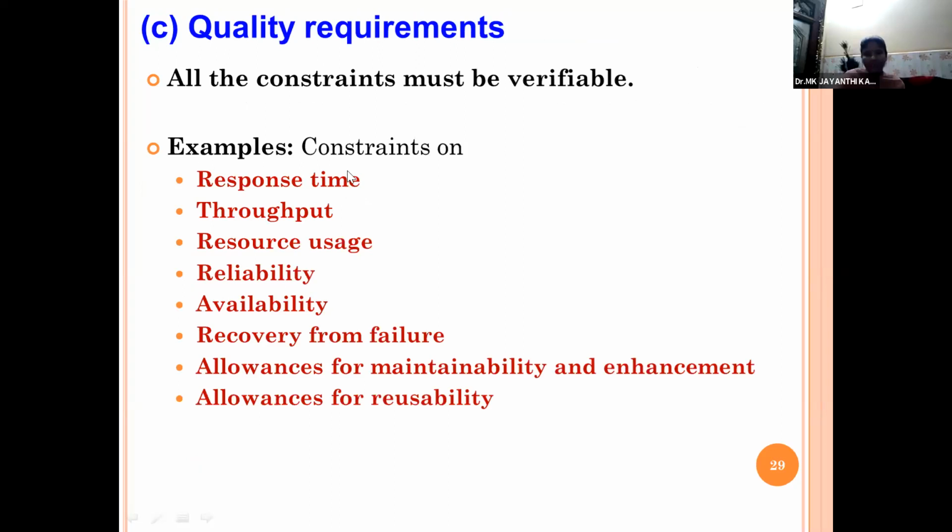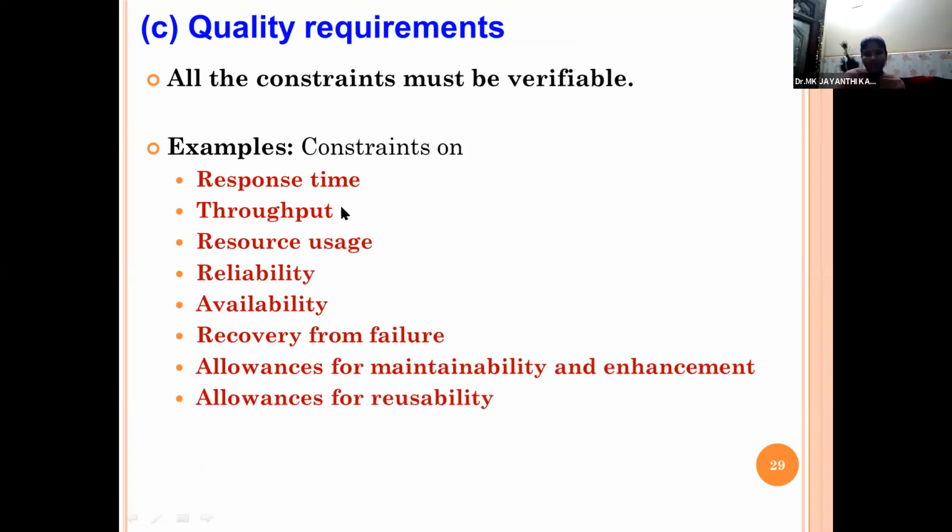If you give the input and within 1 second or 2 seconds you are getting the output, the response time is very fast. So the response time is one of the quality parameters. Throughput: how much input it will accept and how much data it can process at a time, and how it is storing the data in the databases, and how much data we can retrieve from the system. So that is called throughput.